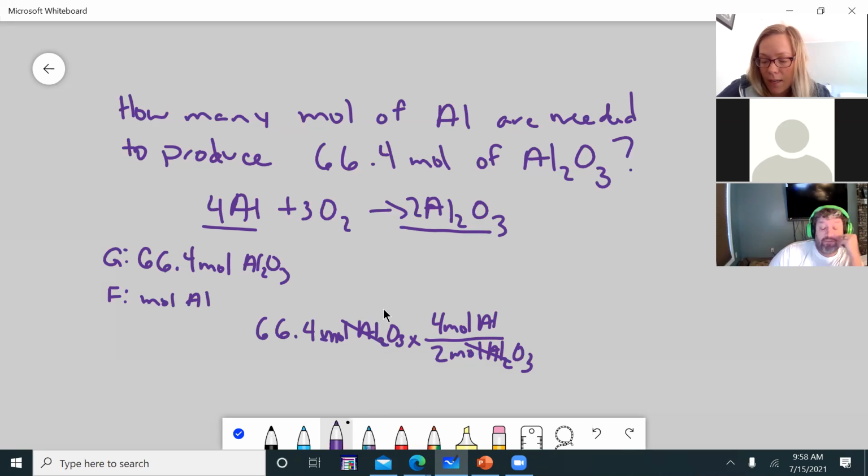Set it up so that the things you don't want cancel and the things you do want stay around, and then just follow the calculation. So 66.4, we'll multiply it by anything on the top, and we'll divide it by anything that's on the bottom, and we get 132.8, 3 sig figs, so 133 moles of aluminum.